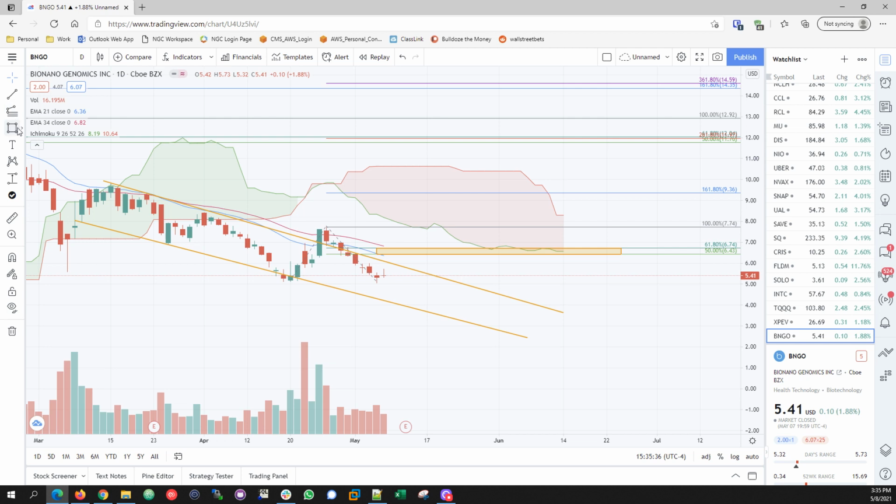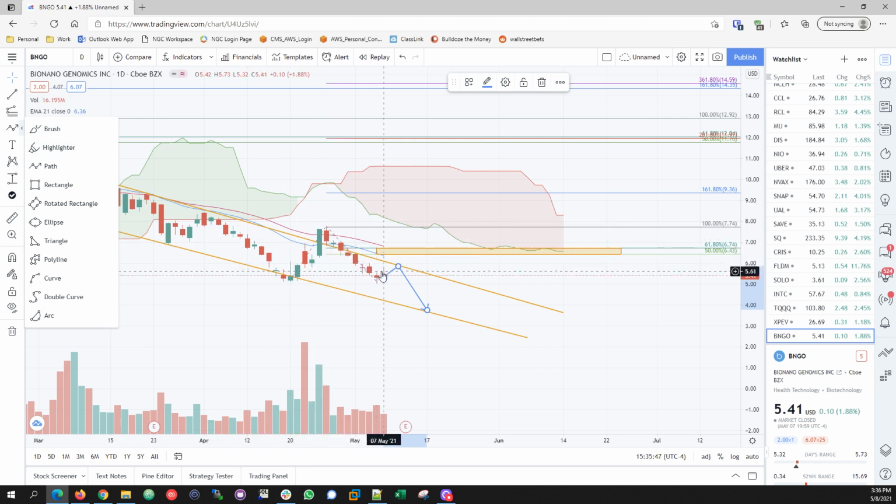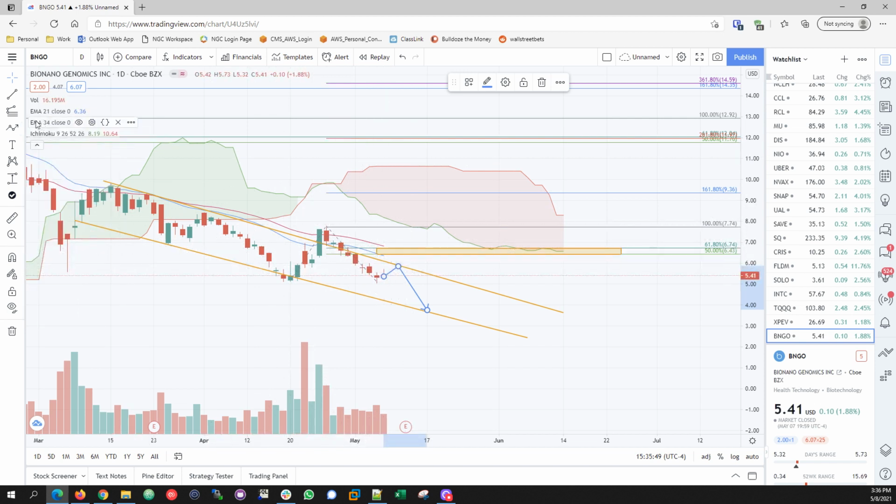I would say two things can happen from here. First, it can push up and go down, or the second scenario is it can push up, come back to get support, and retest 7.74. So these are the two scenarios.